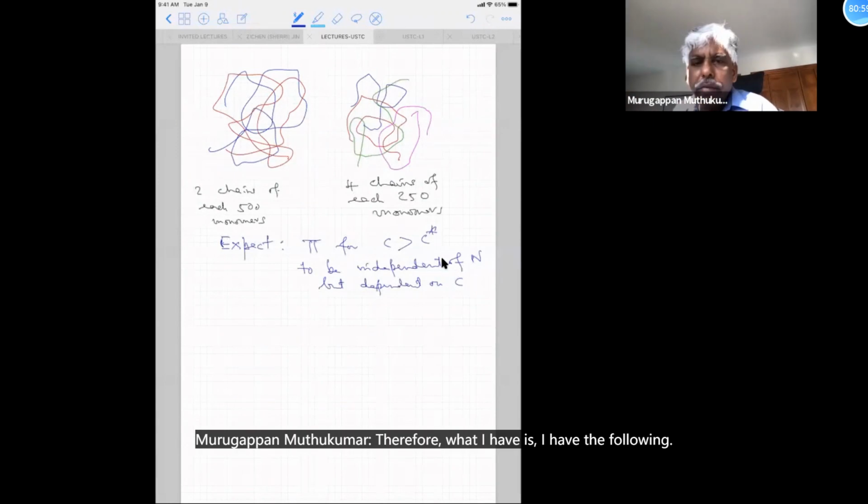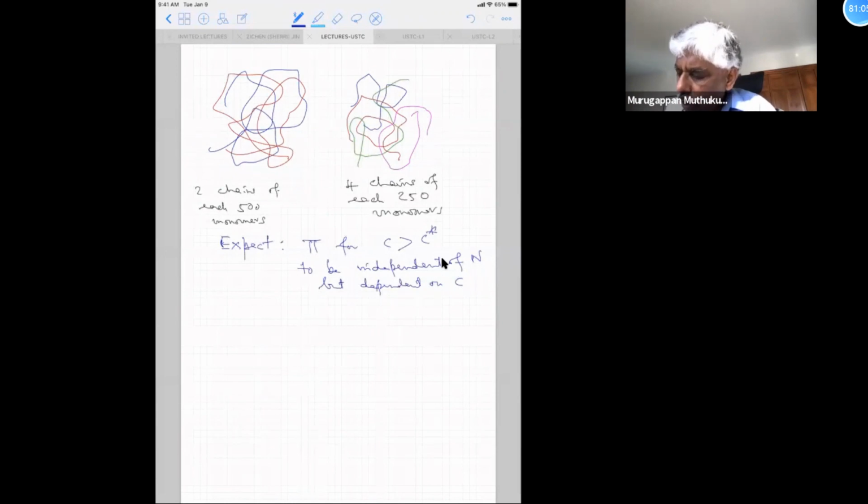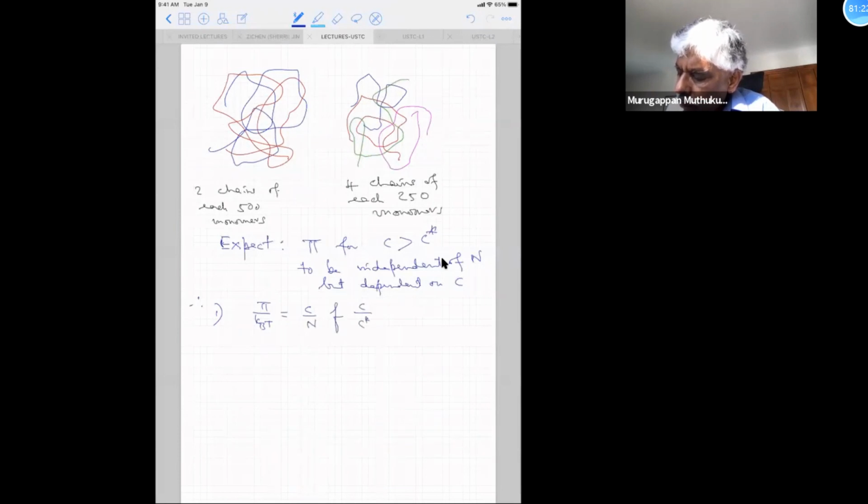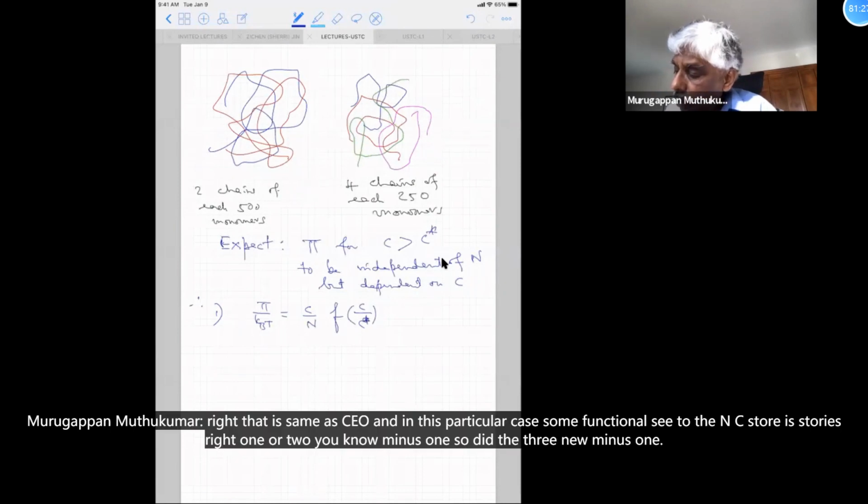Therefore, I have the following three important results. One, I know the osmotic pressure divided by kT is in general equal to C over N times some function of C by C star. That is the same as C over N times some function of C times N to the 3 nu minus 1, since 1 over C star is N to the 3 nu minus 1.